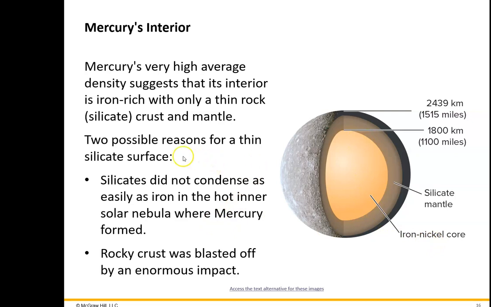Let's see. What is this all about? The crust and mantle. Mercury's high average density suggests its interior is iron-rich, with only a thin crust. There are two possible reasons for the thin crust. Silicates don't condense as easily as iron in the inner solar system where Mercury was formed, and also the rocky crust was blasted off by an enormous impact.